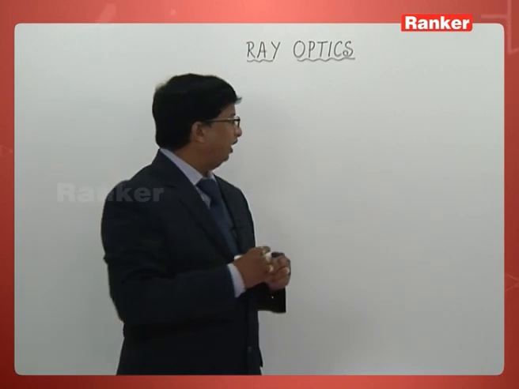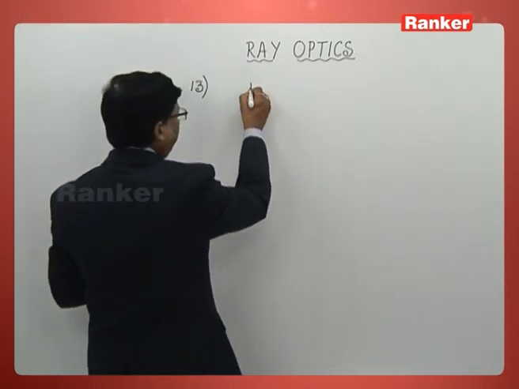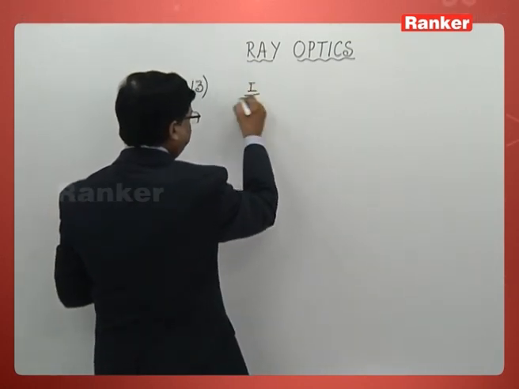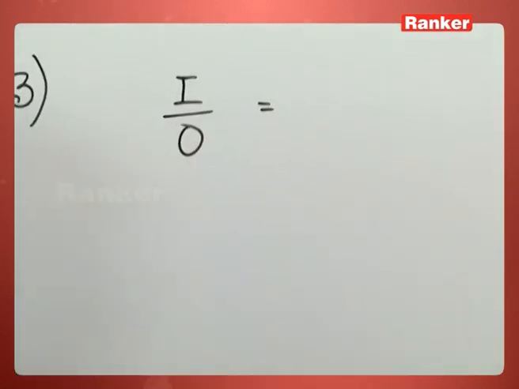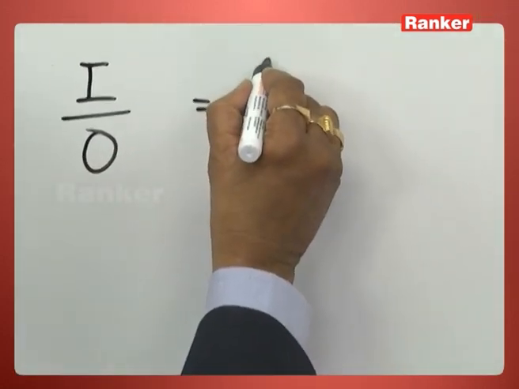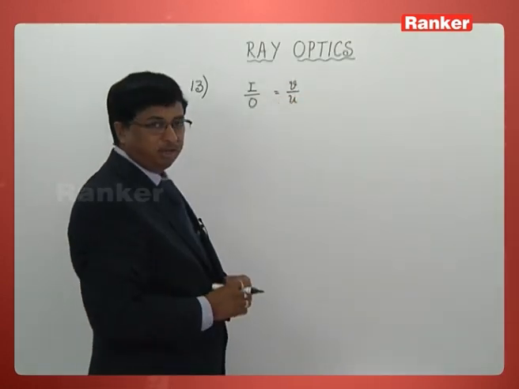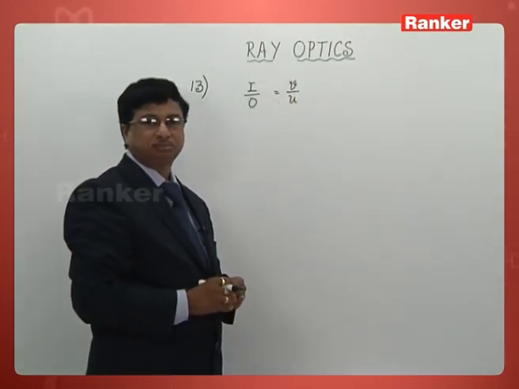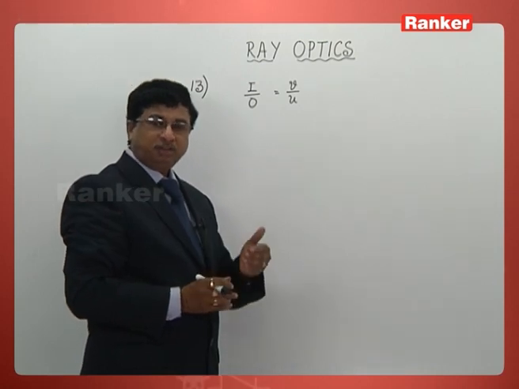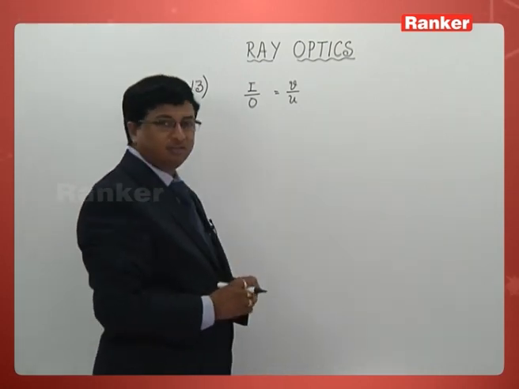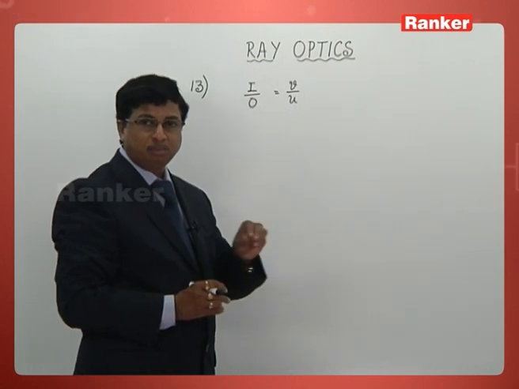Now check once again what exactly we are going to do for this. The size of the image by size of the object. According to the concepts of magnification, it is image distance by object distance. But at the same time, you should understand in this case, V by U we are talking about.